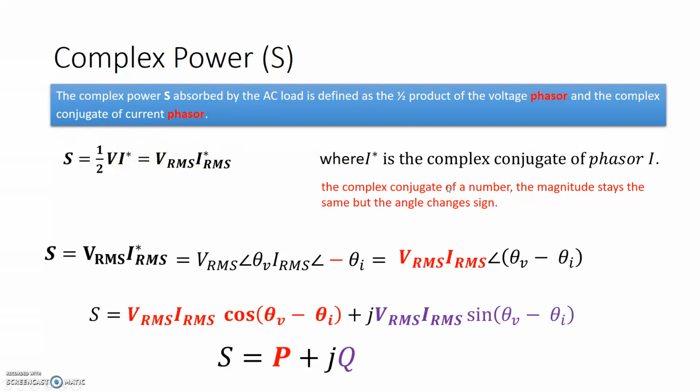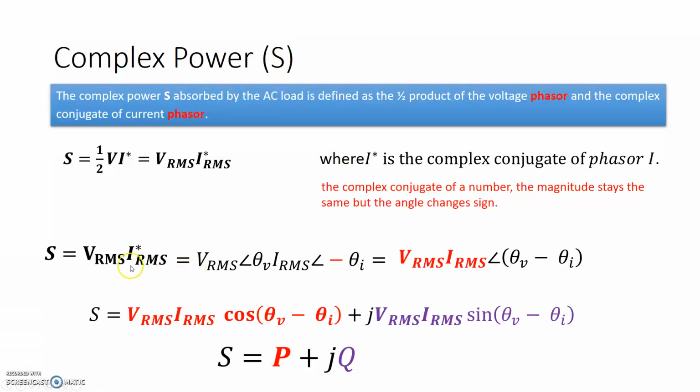So complex conjugate basically means if you have a complex number such as P plus jQ, the complex conjugate of that number is P minus jQ. So the magnitude stays the same, but the angles change sign, right? So basically expanding this from RMS, S equals VRMS times the complex conjugate of the current IRMS. VRMS is a phasor, by the way, since it's in bold.